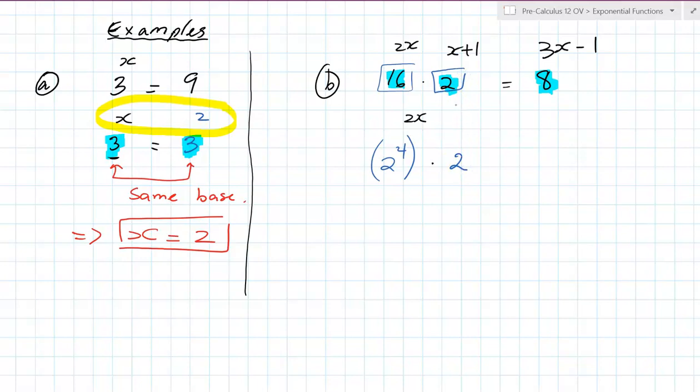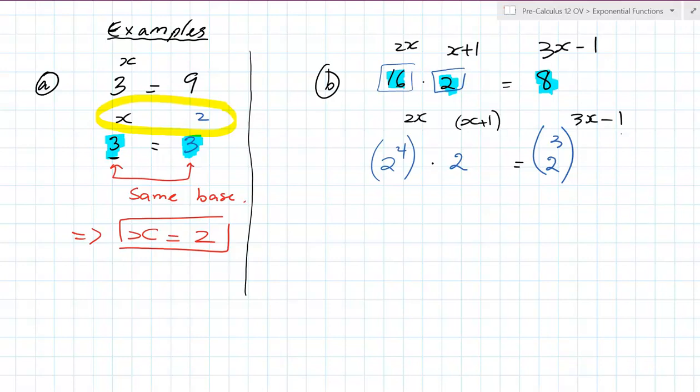The exponent is x plus 1. That equals 2. And then 8, you change that to base 2 to the power of 3, bracket, and then the exponent is 3x minus 1. And notice that they're all in base 2.